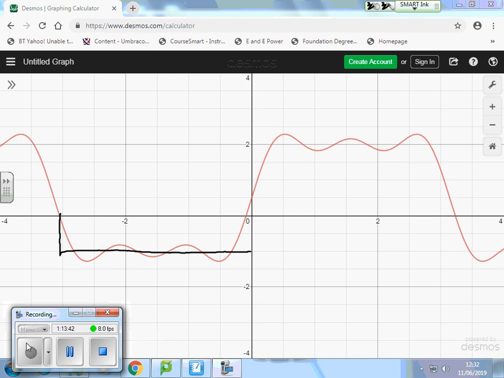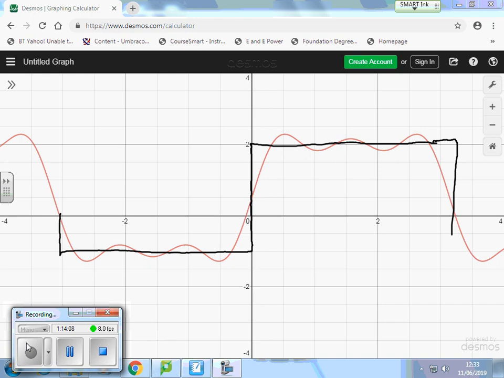Add in further terms, and this ripple on the top here will decrease. And if you include an infinite number of terms, you have the perfect square wave.